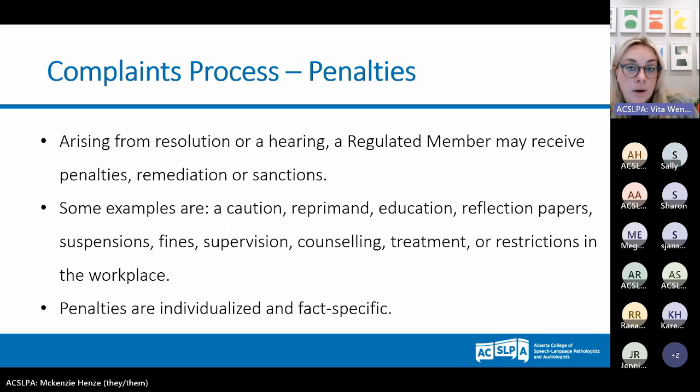Of course, on the higher end of the scale, and this is speaking very generally, would be things such as suspensions, etc. Revocation, or removing one's permit and taking it away, of course, is the most extreme outcome that one can have. It's mandatory in cases of sexual abuse, as you all are likely aware, but that is on the very, very high end of the scale. And then, of course, there is a wide range of what could be available.